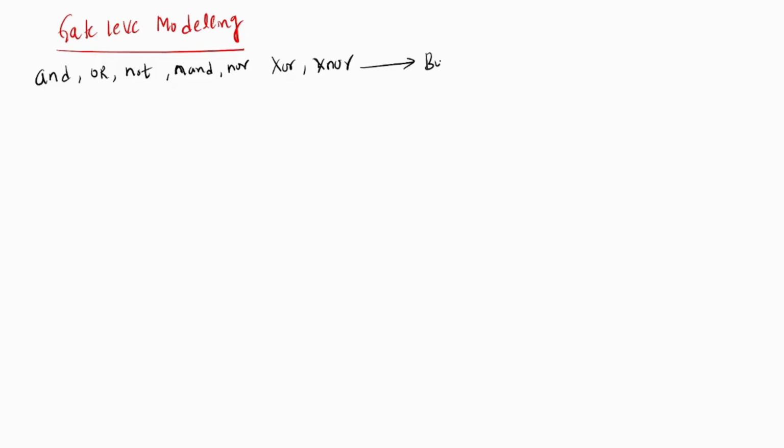And next, bufif0, bufif1, notif0, notif1. These are some gate level primitives.